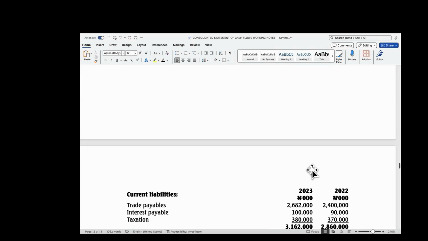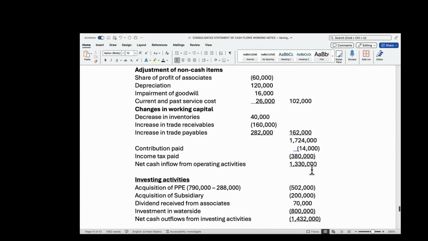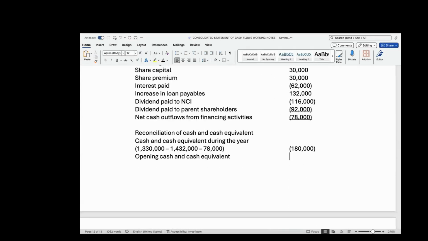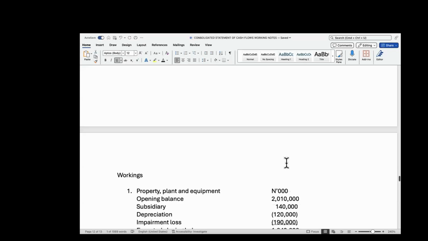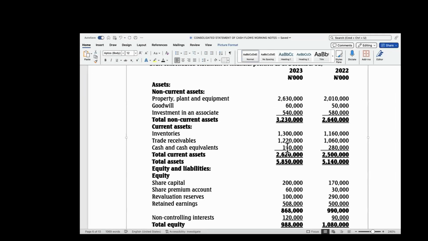That's 280. What is the closing cash and cash equivalents? Which is 100. It should be the same thing as the closing here. Okay. And that's the end of this.